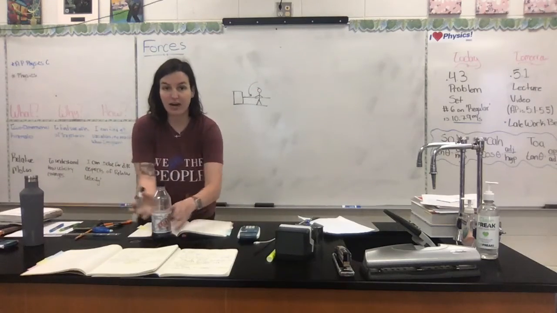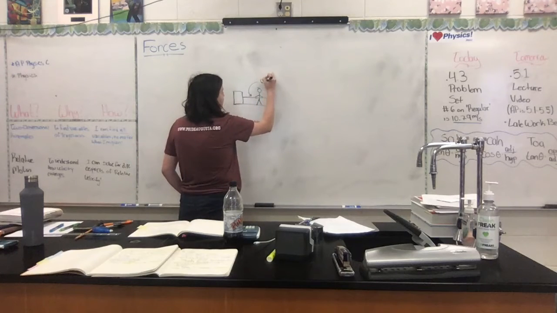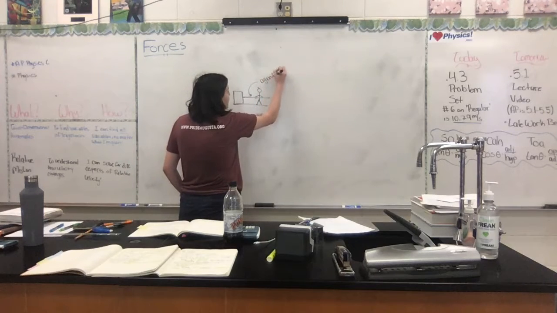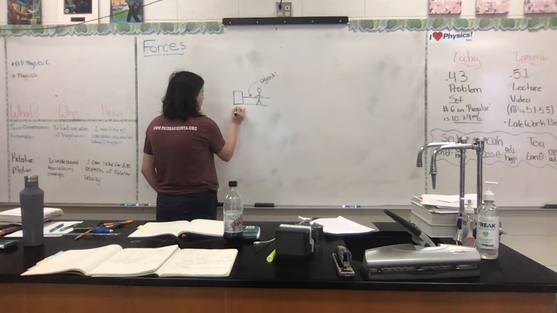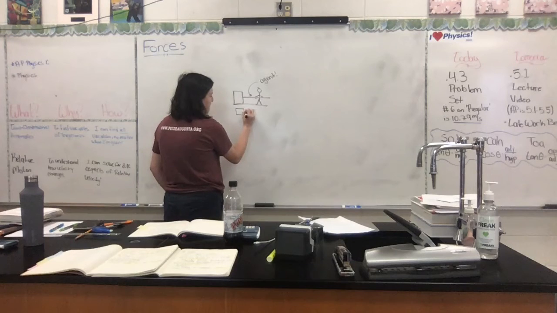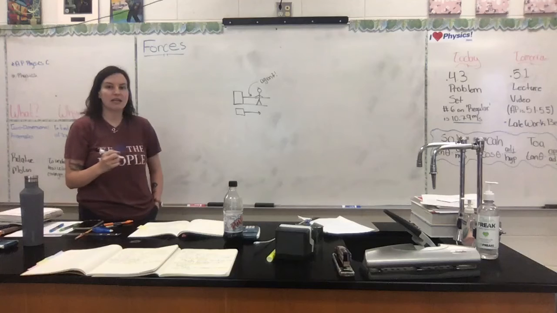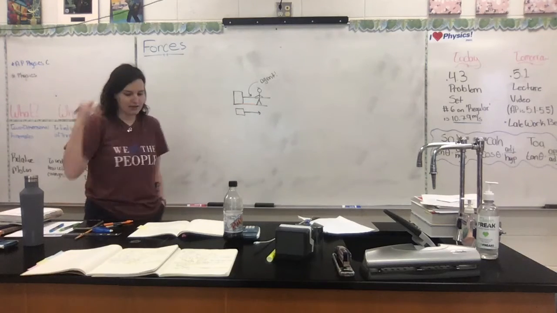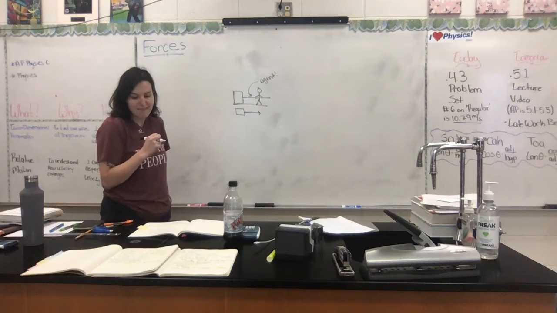Remember how here I was the agent acting on it? Now the rope is the agent. But we want to draw the vector. So here's our object, right? And then we're pulling it to the right, okay? So that's going to be our vector for that.